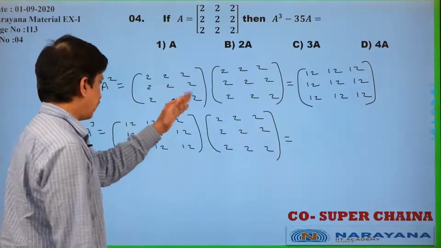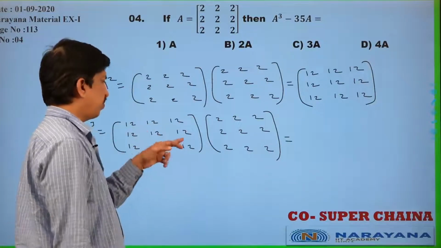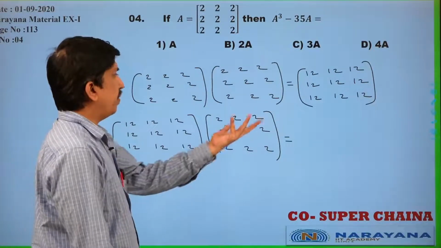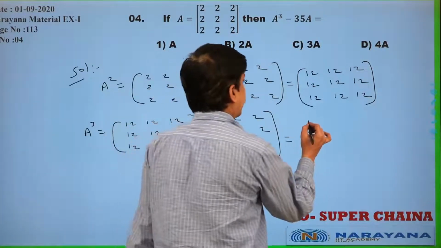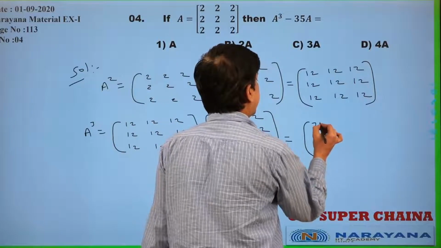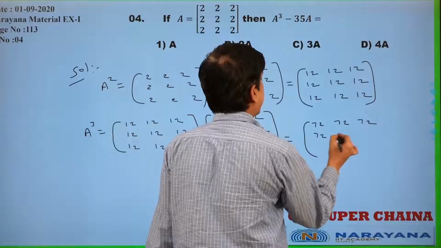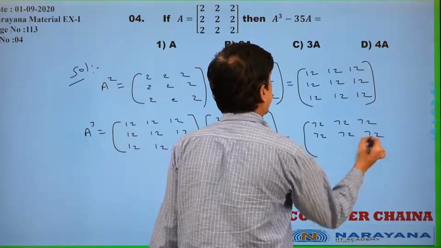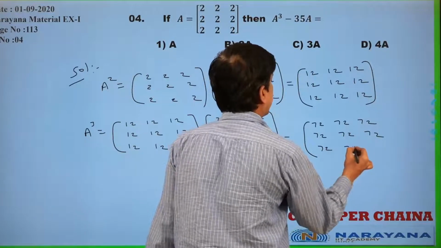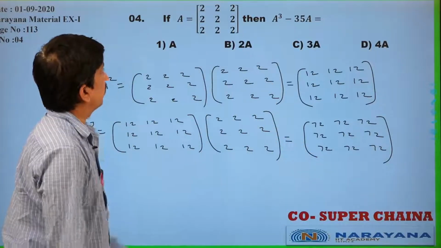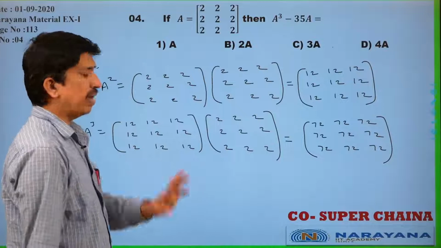First row first column, what will you get? 24 plus 24 plus 24, 72. Everywhere 72 you will get. So we get a matrix of all 72's. This is A cube we got.